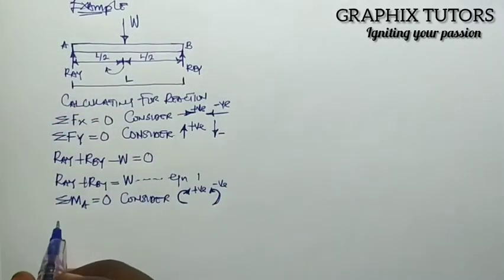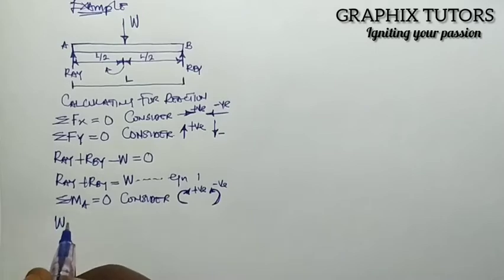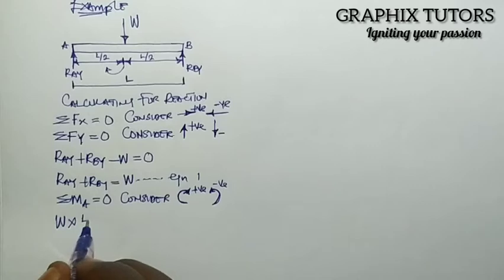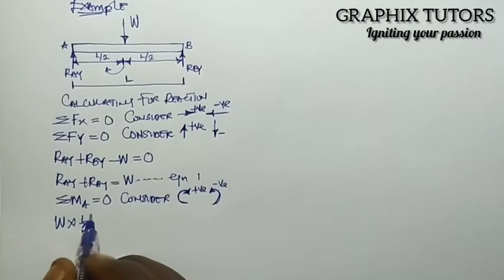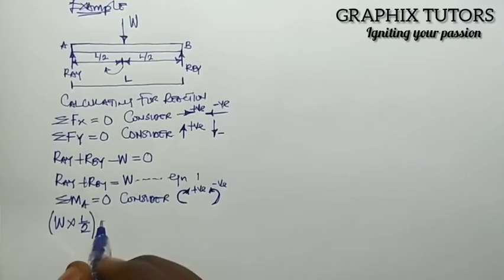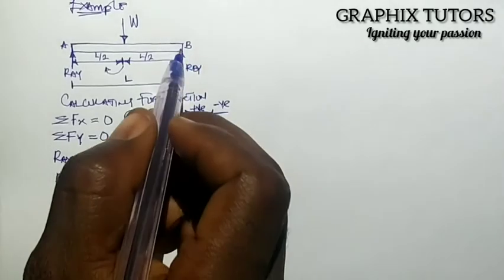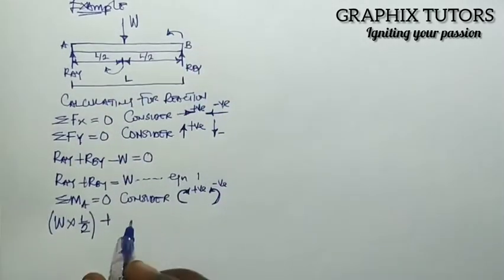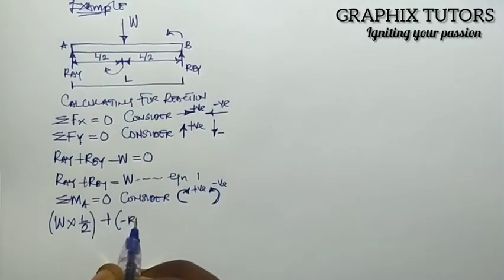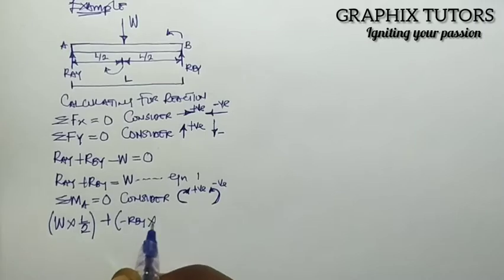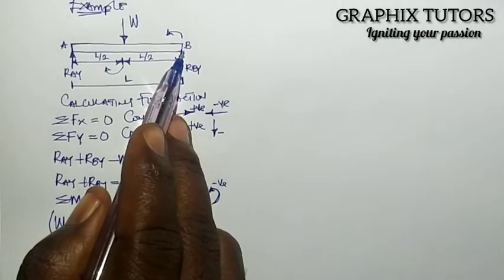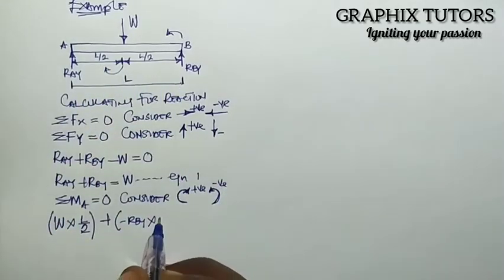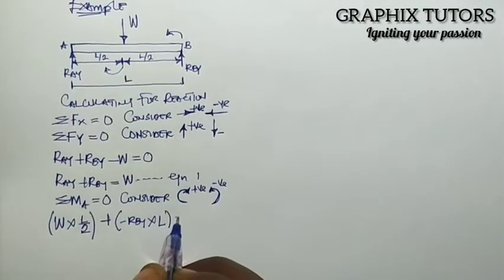So it will be W times the perpendicular distance, which is L over 2. Plus, this coming in this direction is anti-clockwise, so it will be minus RBY times the distance from where the force is to where we take moment, which is L, equals 0.